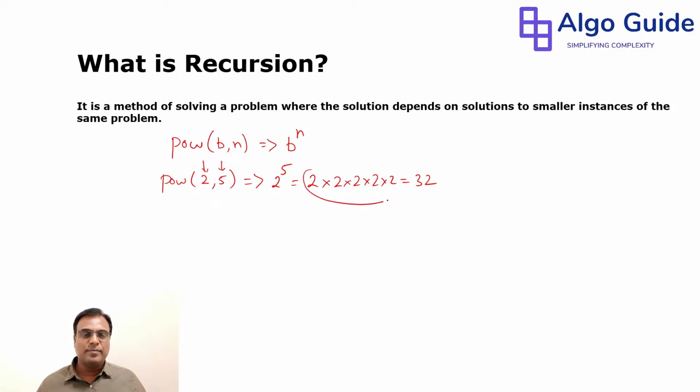Now this is the larger problem. So if I were to represent the larger problem as a smaller instances of the same problem, I can represent this as 2 multiplied by the power method with base being the same. Now the value of n I can decrement by 1. That is, now it becomes from 5, it becomes 4. So I am representing the larger problem as a smaller instance of the same problem.